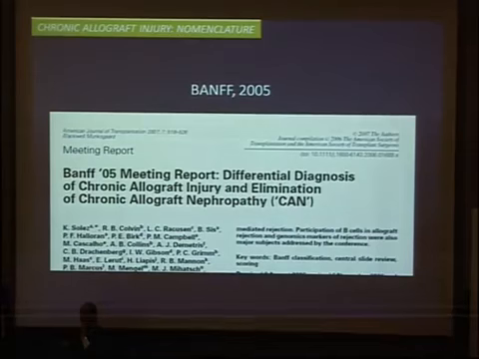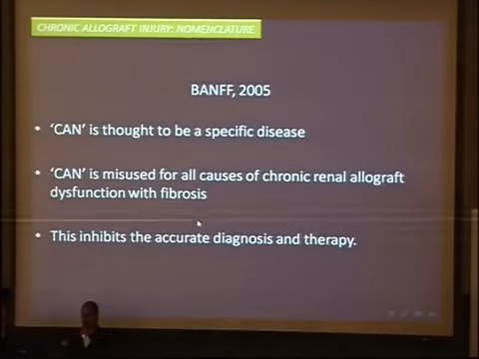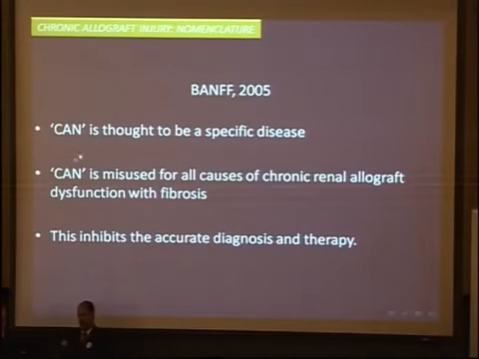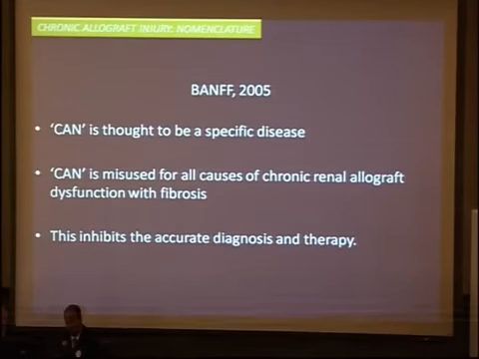However, a decade later, the BANF group realized that we misuse the term CAN, or chronic allograft nephropathy. We, nephrologists and pathologists, thought that chronic allograft nephropathy is a disease in itself. Meanwhile, it is only a description. It's like abdominal colic, and we have to investigate for the exact cause of this colic.